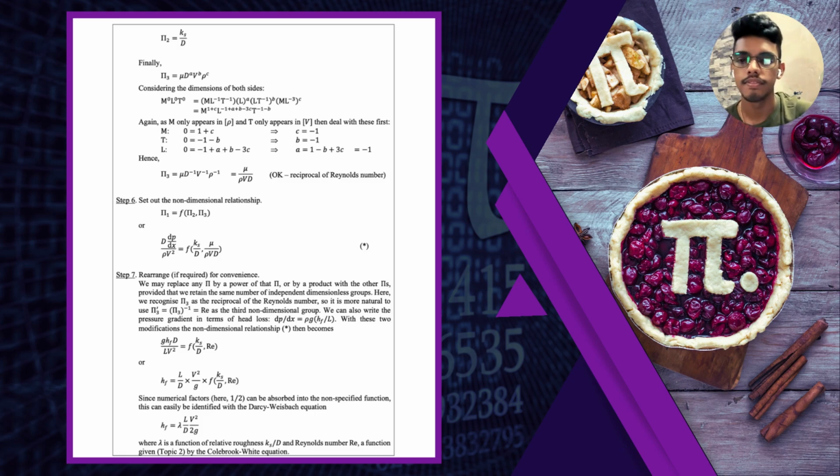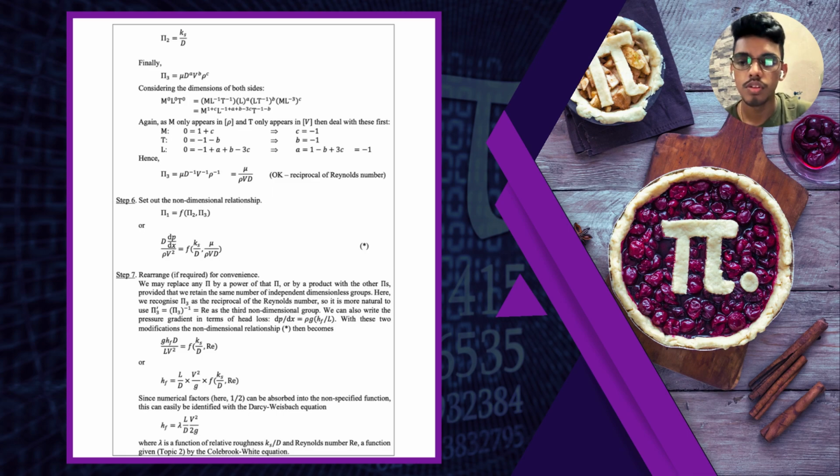So in step 7, we have to rearrange all the dimensions according to our convenience. For this equation, since pi3 is the reciprocal of the Reynolds number, it's easier and more accurate to use pi3 to the power of negative 1 instead of pi3.